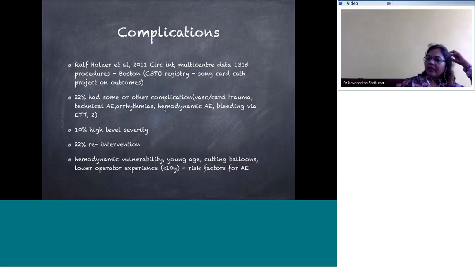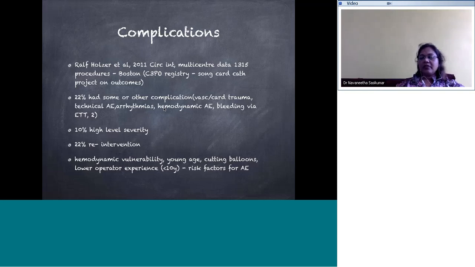So in this registry, where they had 1,315 procedures, 22% had some or other complications, which included vascular or cardiac trauma, technical adverse events, arrhythmias, hemodynamic adverse events, bleeding via endotracheal tube. That is either because of a damage to the distal pulmonary vessel by your wire, or because of a rupture of the pulmonary artery by dilatation.